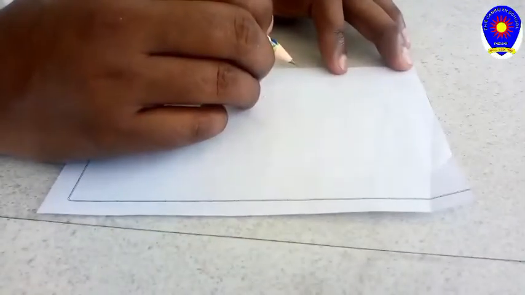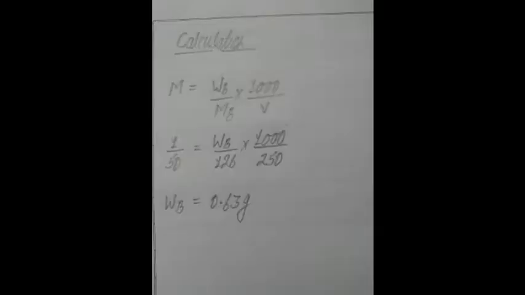First of all, we have to find the weight of oxalic acid. For this we follow one formula: molarity equals W, the weight, upon M, the molar mass of oxalic acid, multiplied by 1000 upon volume.